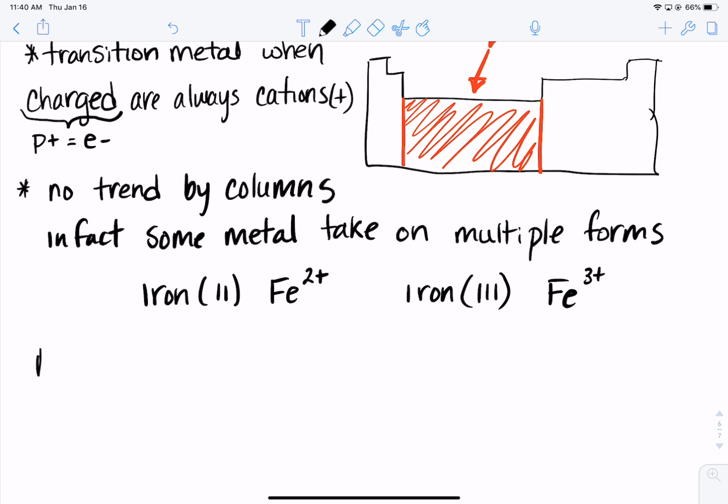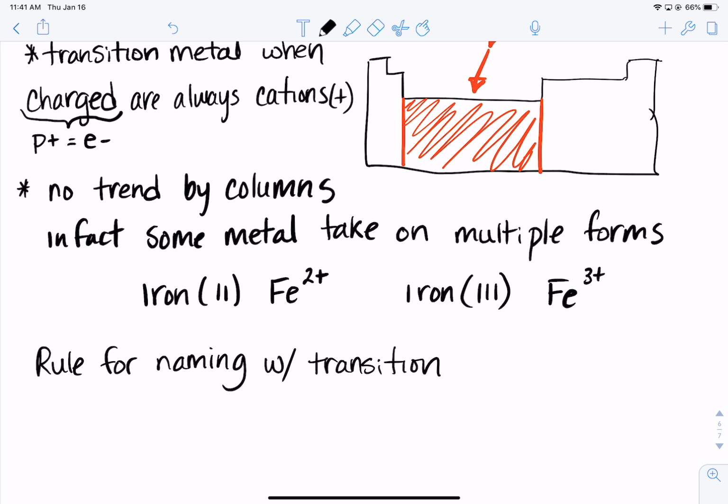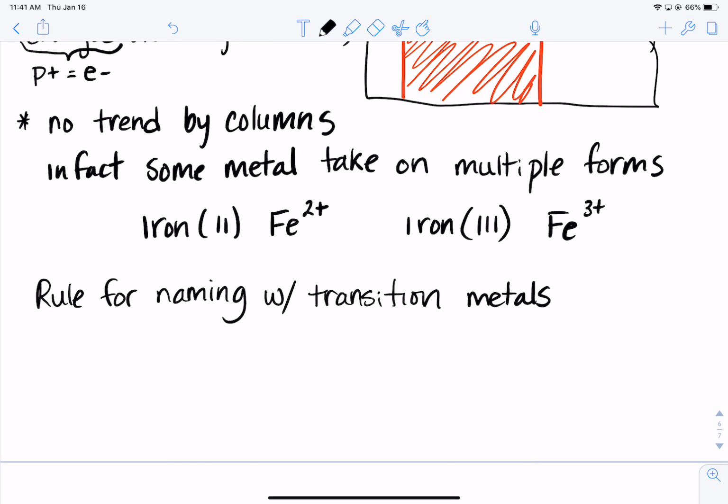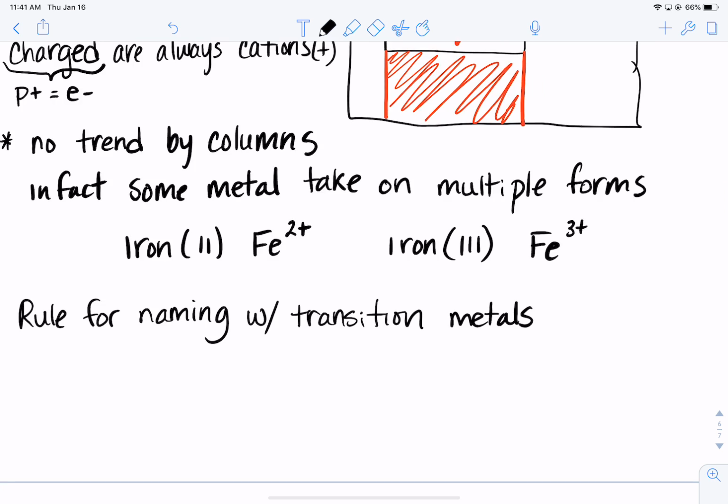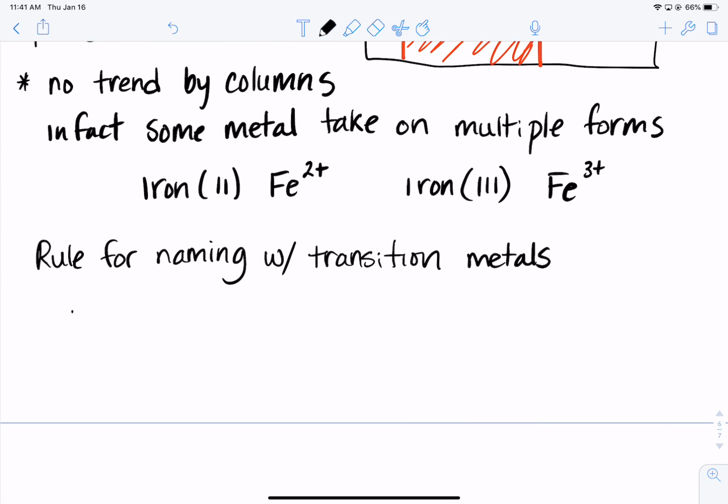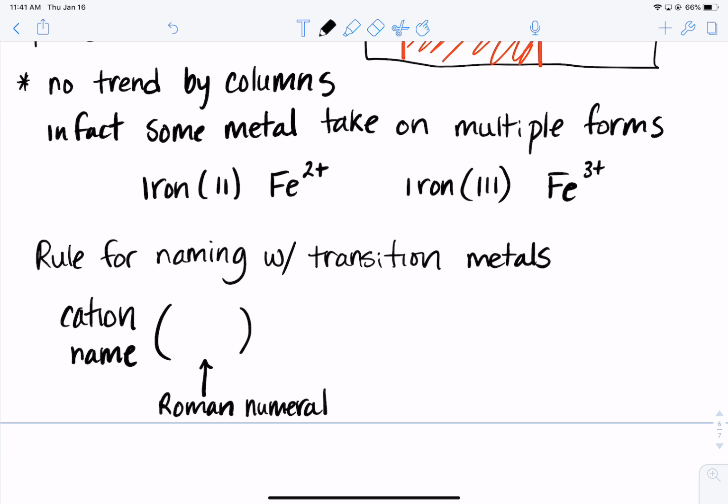So the rule for naming with transition metals is really similar to what we already know. You take the cation name, you put a Roman numeral representing the original charge.